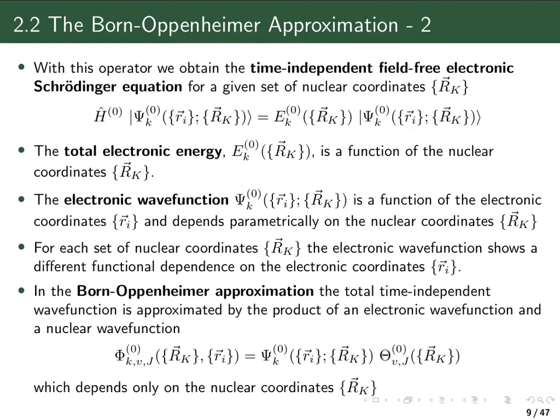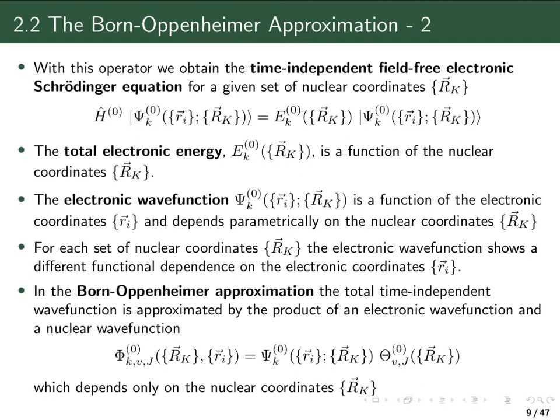This dependence, which is also indicated here by this semicolon, is a parametric dependence. So the electronic wave function depends parametrically on the nuclear coordinates. This wave function is what we call the electronic wave function.